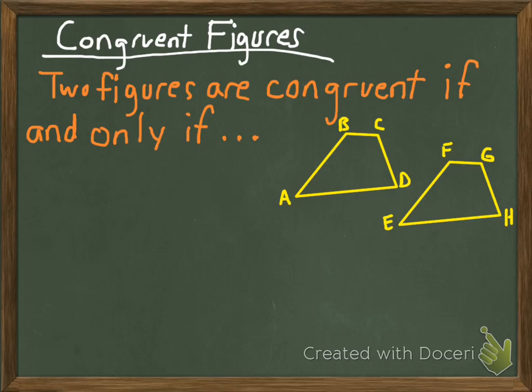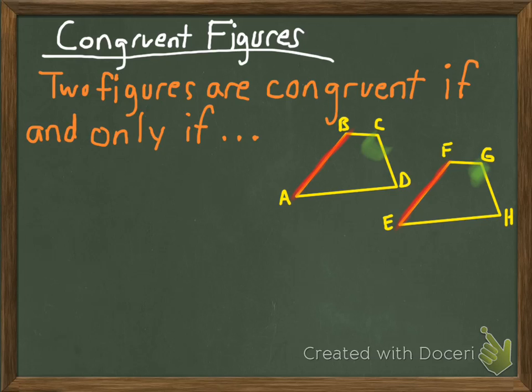For instance, segment AB and segment EF would be corresponding sides. And then corresponding angles would simply be the angles that are in corresponding positions for two different figures. So angle C, for instance, would correspond with angle G.